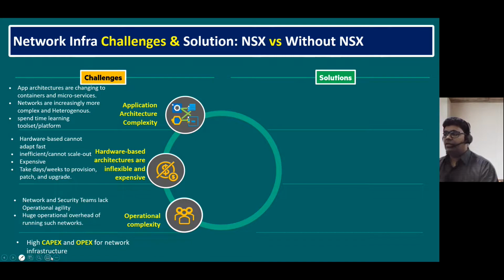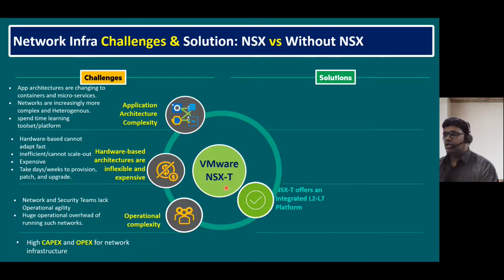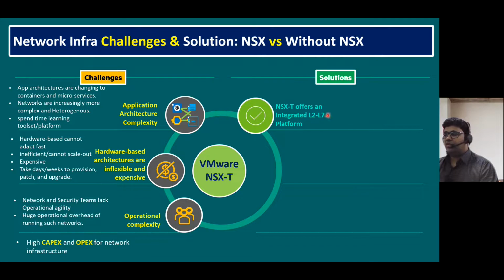Let's say we have NSX. What is the solution? In the first scenario, when we start using the VMware NSX-T network virtualization and security platform, NSX-T offers an integrated layer 2 to layer 7 platform, supported for all VMs, containers and bare metal, across environments: the data center, public cloud and edge clouds.